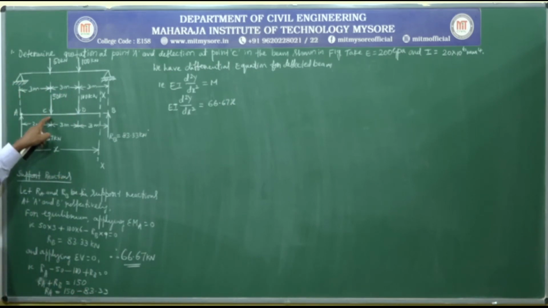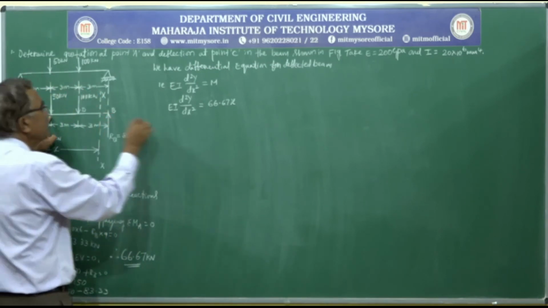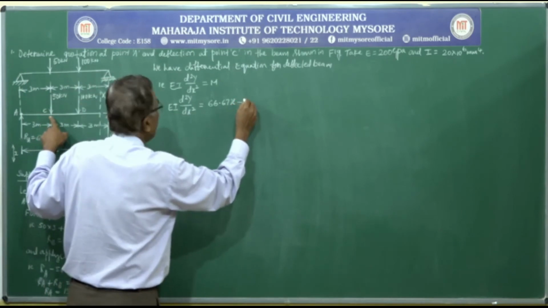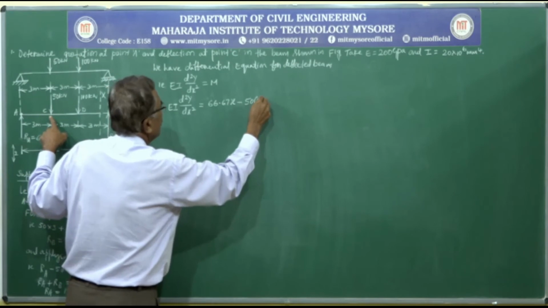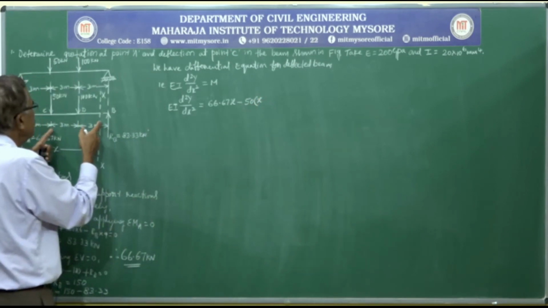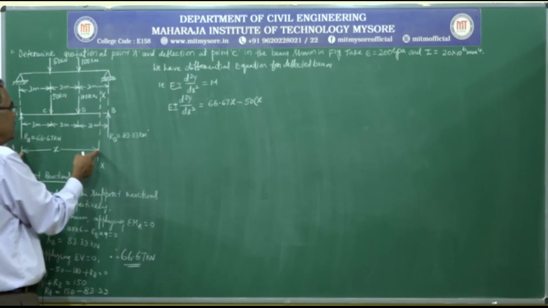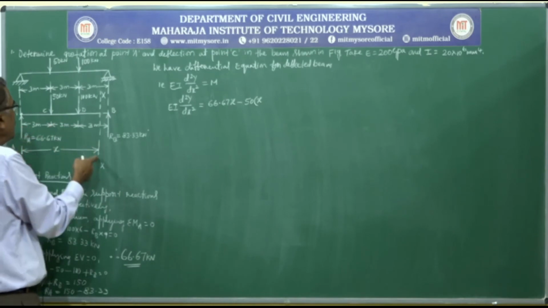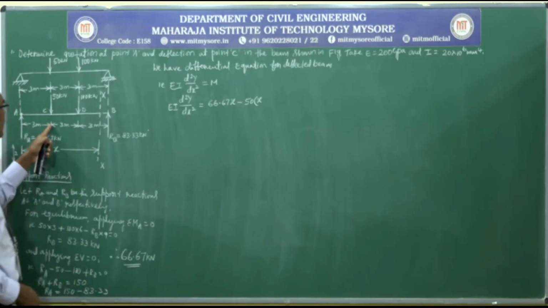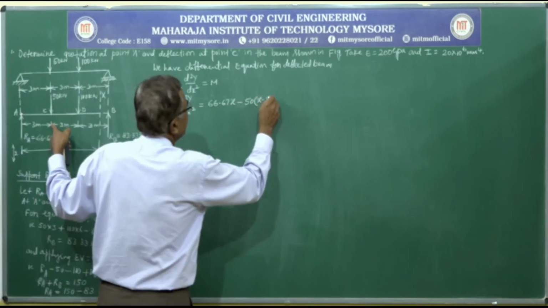Next, 50 kilonewton will create an anti-clockwise moment about the section, minus 50 into, this distance we want from section to here. We know distance from origin to section is x and from A to C it is 3 meter. x minus 3 will give the perpendicular distance between C and section, x minus 3.